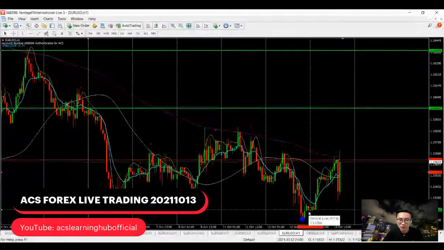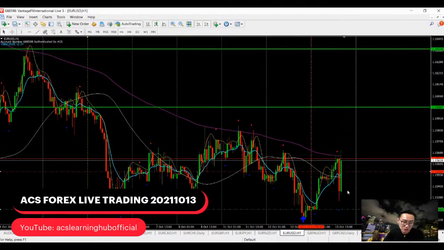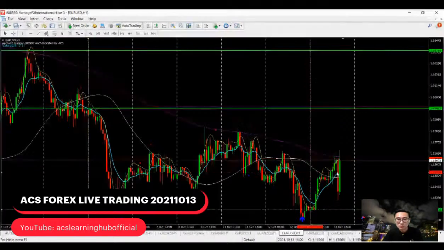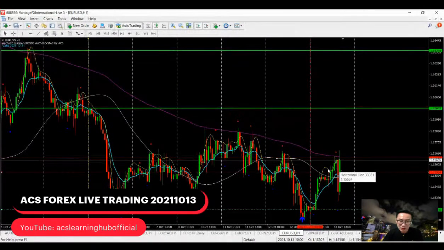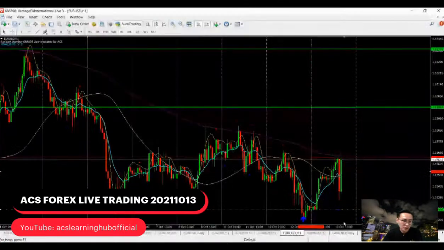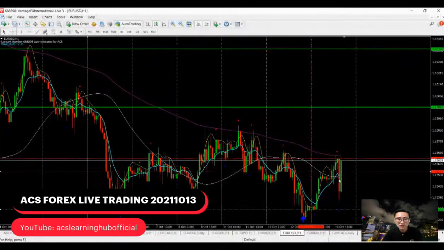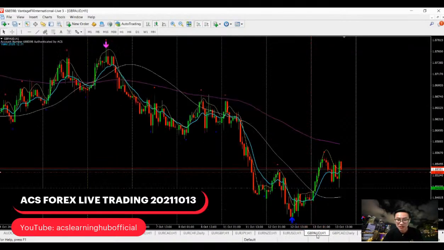The previous support has already been hit, and now we are moving towards the support trend. The support trend is still on the move, so we cannot just anticipate that it will break the support and continue to short. Of course, for me over here, aqua is still above the white line. No way. So I will not do any trading at this point of time.